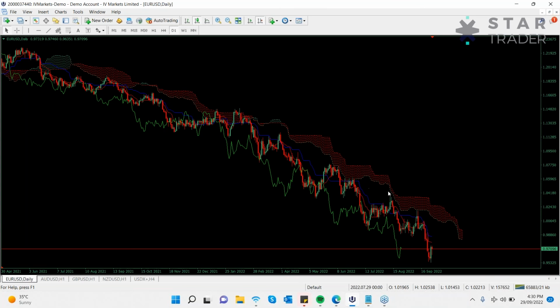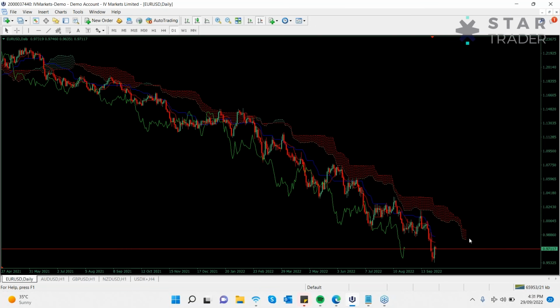Over here you can see the market turn down, down, down, down, and over here we again have the thicker cloud, and here you can see the cloud thickness becomes very, very small. The cloud actually becomes thinner, but over here maybe we are seeing again a very thick cloud, and the market will drop again.